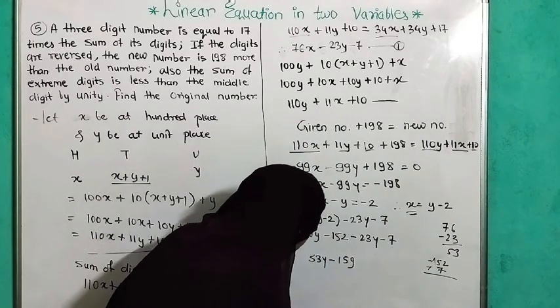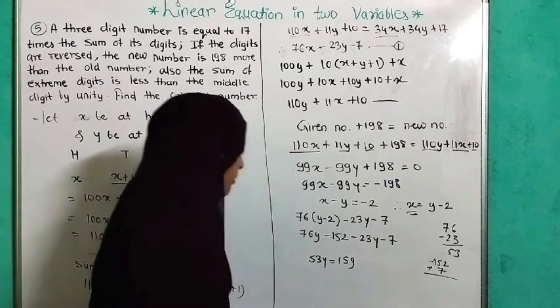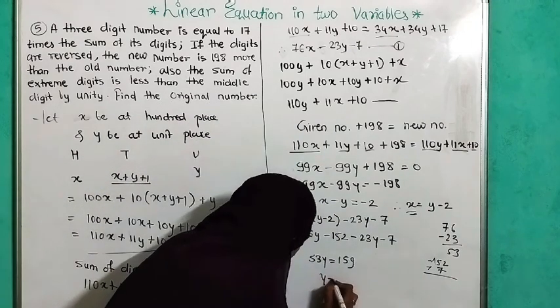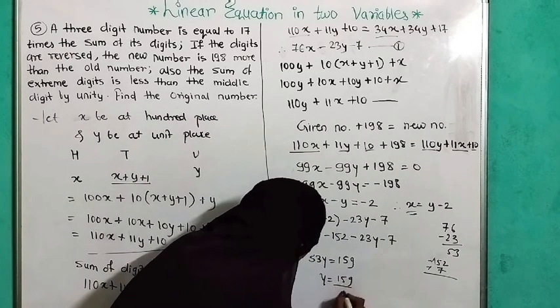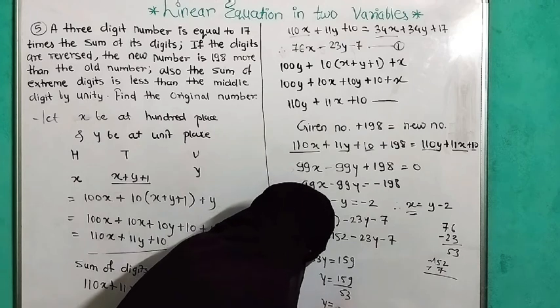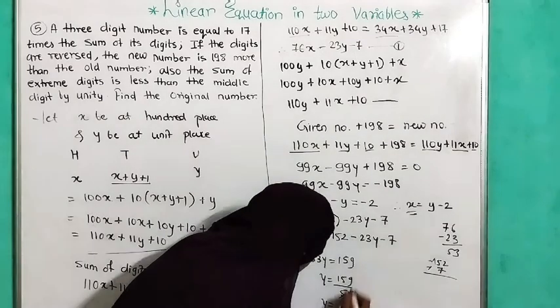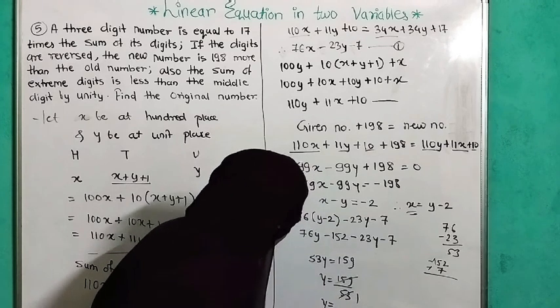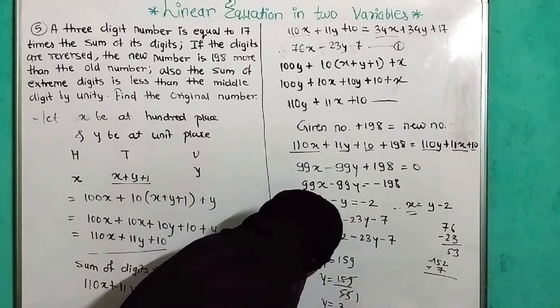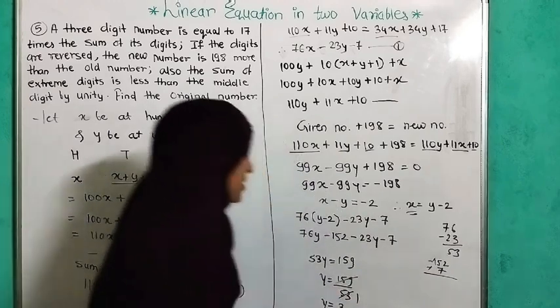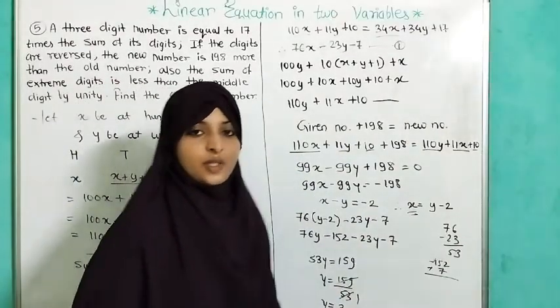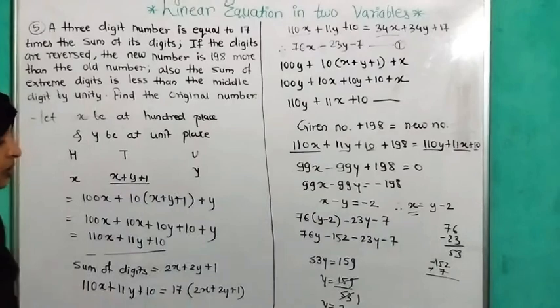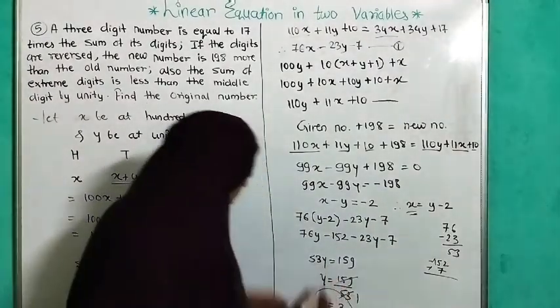So we get y is equal to 159 upon 53. 53 ones are 53, 53 threes are 159. So y is equal to 3.